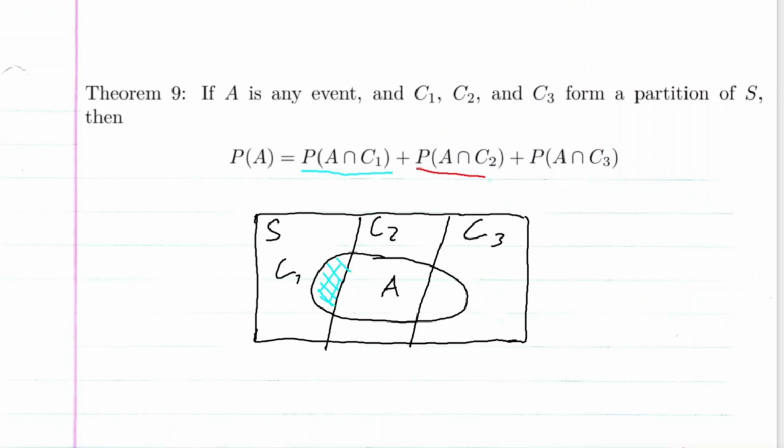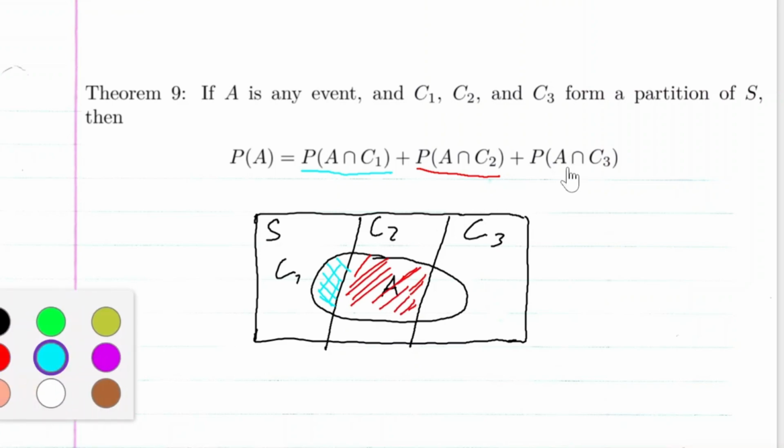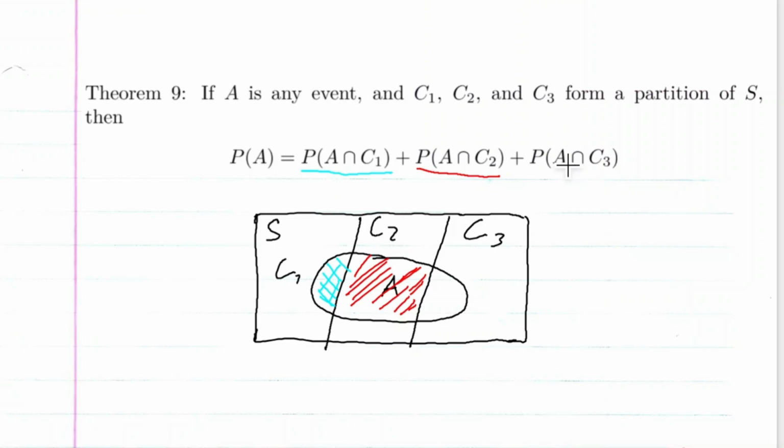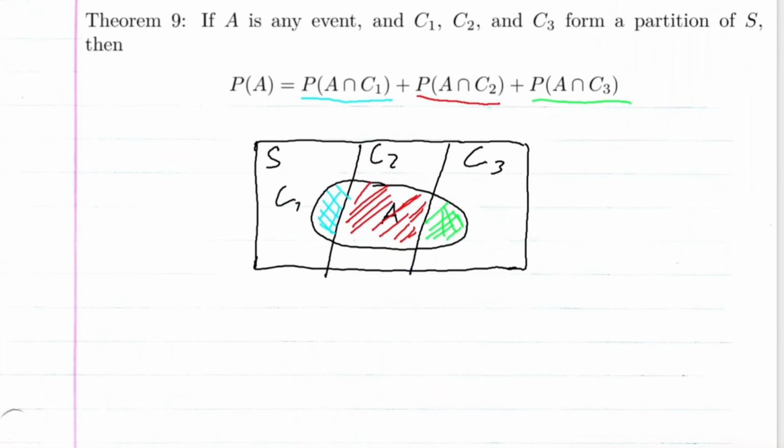A intersection C sub 2 would be this red area here. And then A intersection C sub 3 would be this green area. And hopefully you can see that blue plus red plus green gives me all of A. Okay, so let's go ahead and prove this.